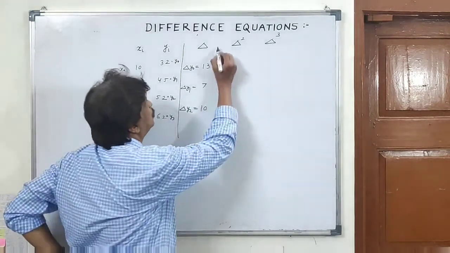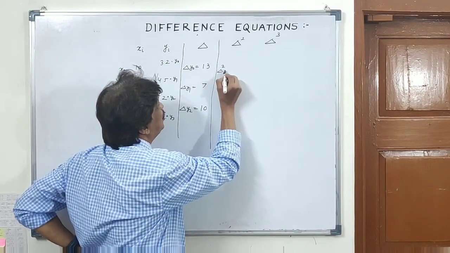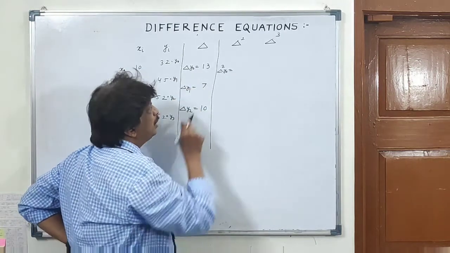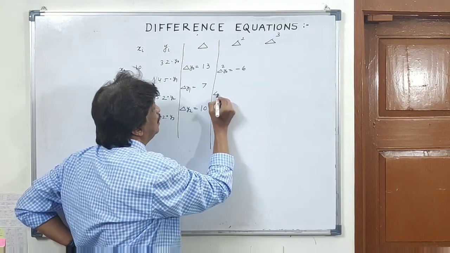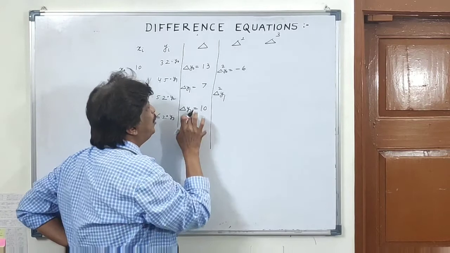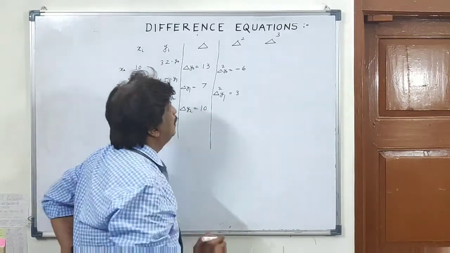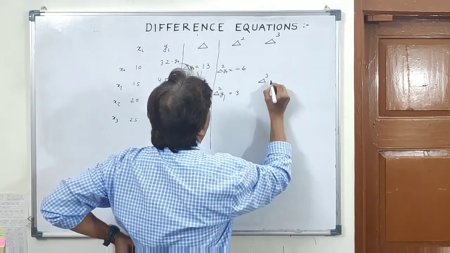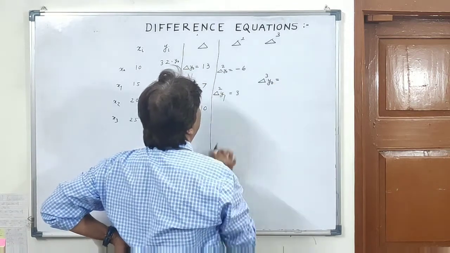Now the delta square values. Delta square of y0 is delta of y1 minus delta of y0. So it is 7 minus 13, which is minus 6. Delta square of y1 is delta y2 minus delta y1, 10 minus 7, it is equal to 3. And delta cube of y0 is delta square y1 minus delta square y0.